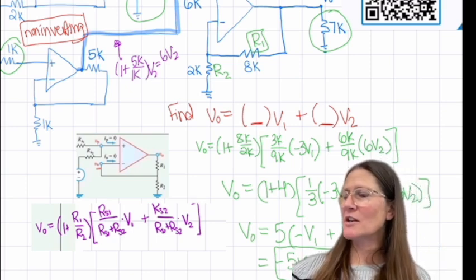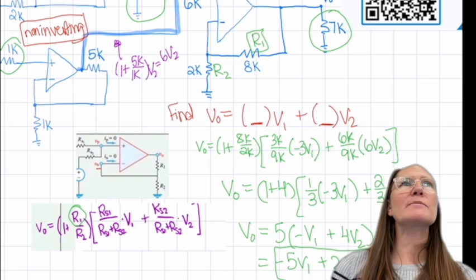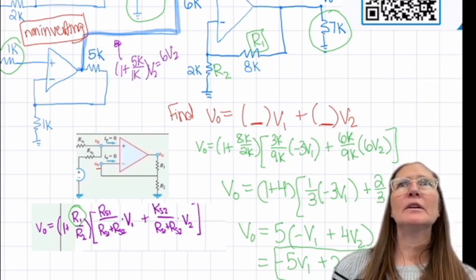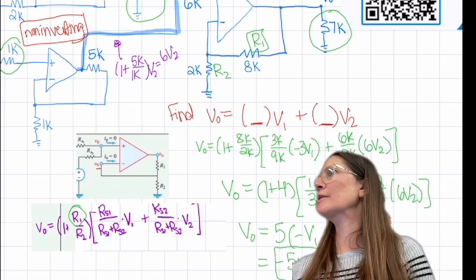If I change that to 16K, that affects it here, which will increase my gain by that amount. Okay? So understanding how those affect the different gains.